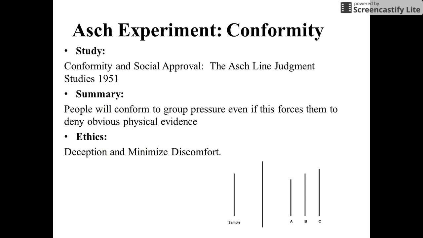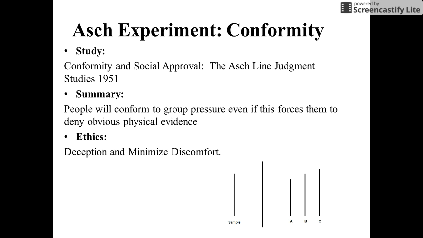So, one experiment you did some reading on was the Asch experiment on conformity. His study took place in 1951, and he gave individuals a line judge or a visual perception test. And what he found was in this study, there were Confederates that were part of the study and one person who was a participant. And the participant didn't know that the Confederates were kind of role playing in this experiment.